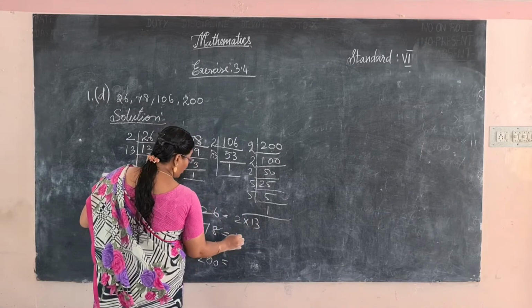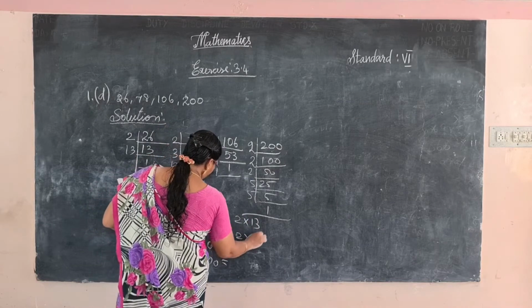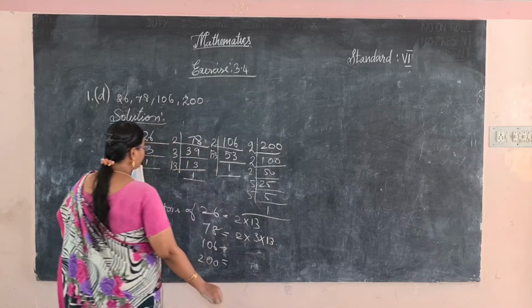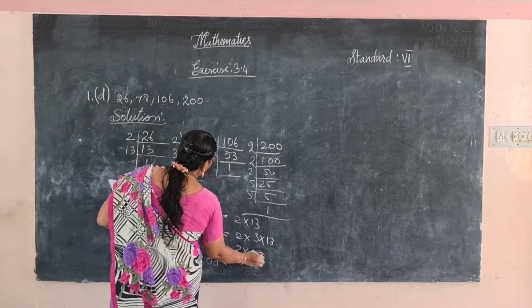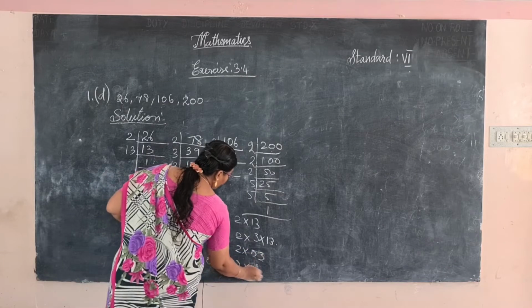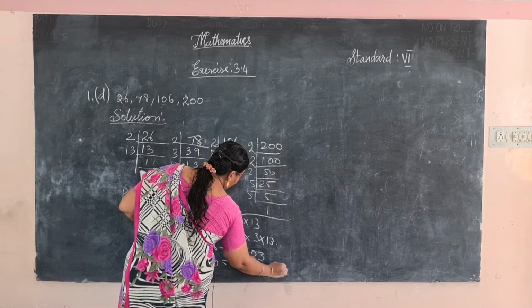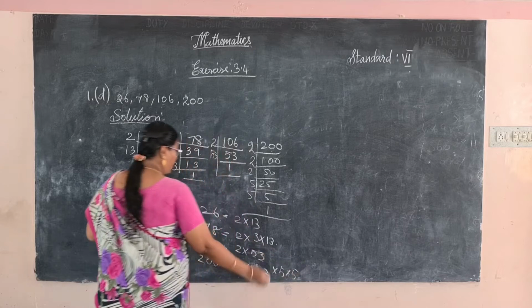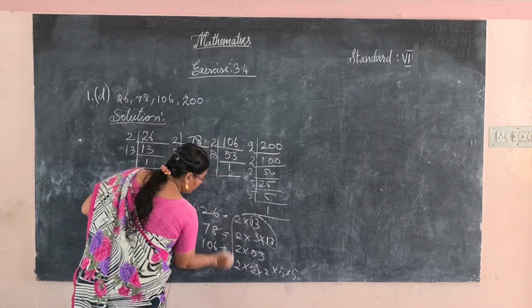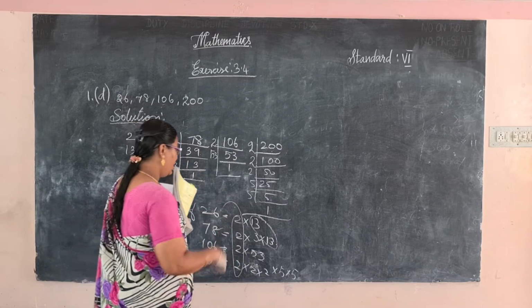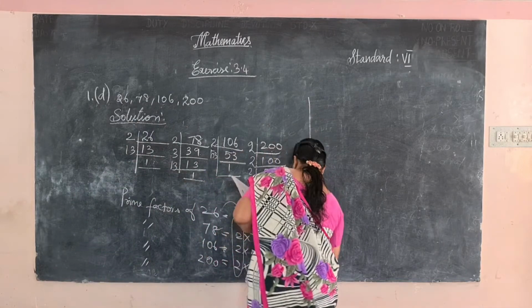Here 2 into 3 into 13. And then 2 into 53. Here 2 into 2 into 2 into 5 into 5.